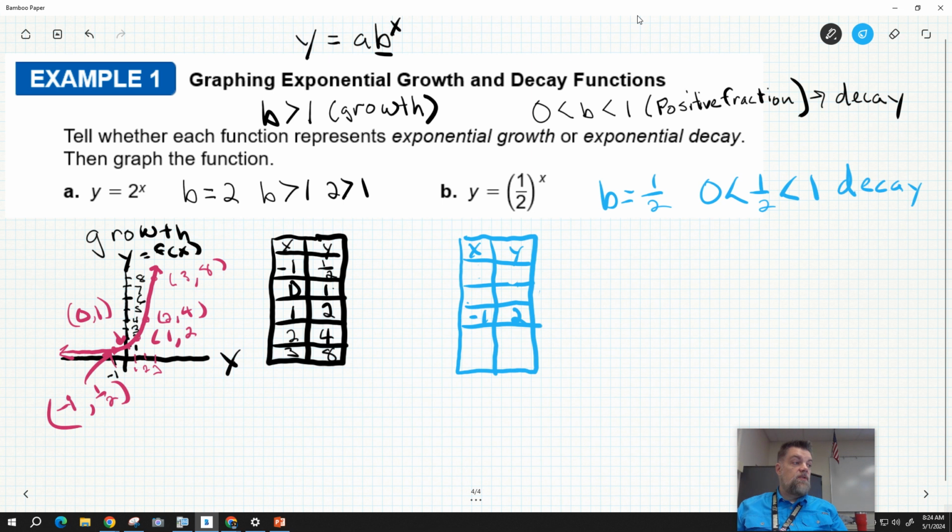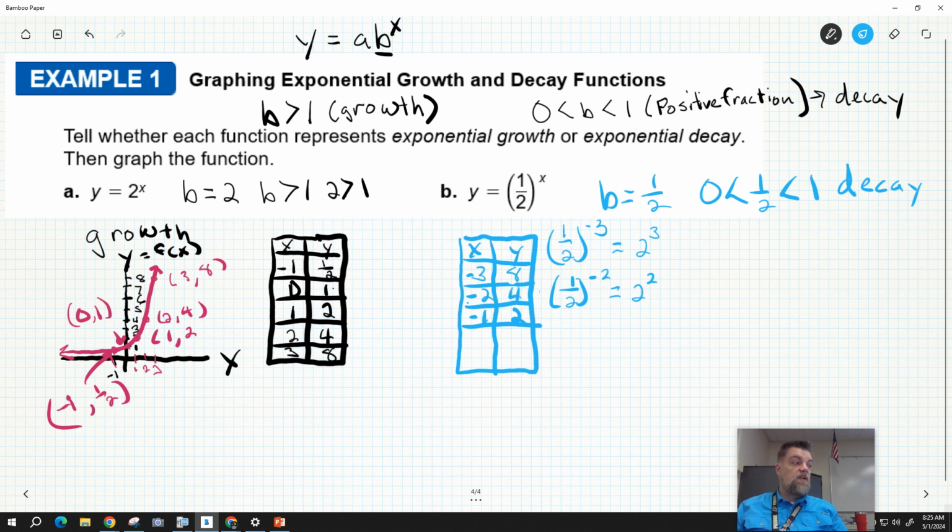So when I do negative 3, that's going to be like 1/2 raised to the negative 3, which is going to be flipped, right? That's going to be 2 raised to the positive 3, which would be 8. When I get negative 2, that would be 1/2 to the negative 2, which is just 2 to the positive 2.